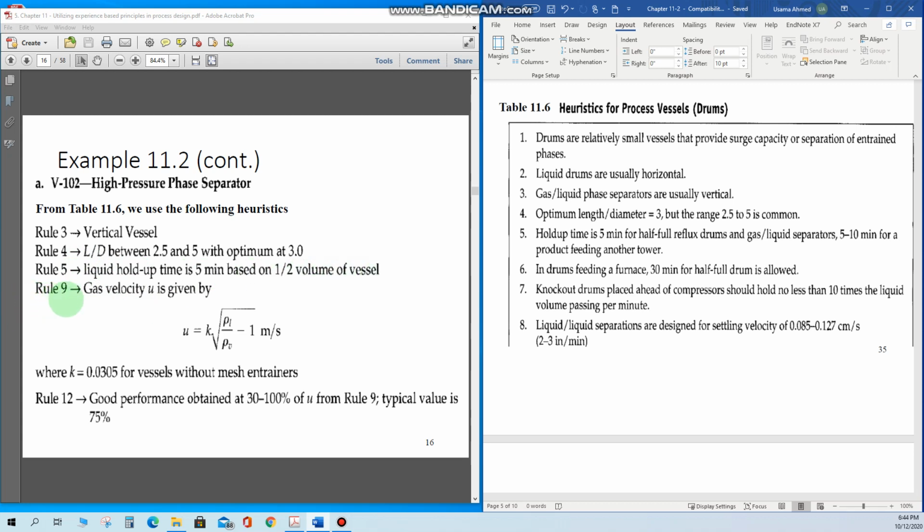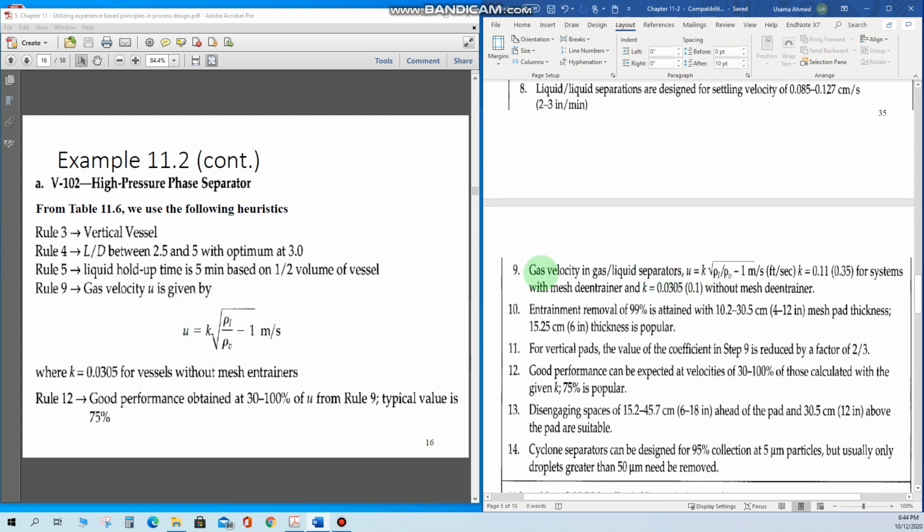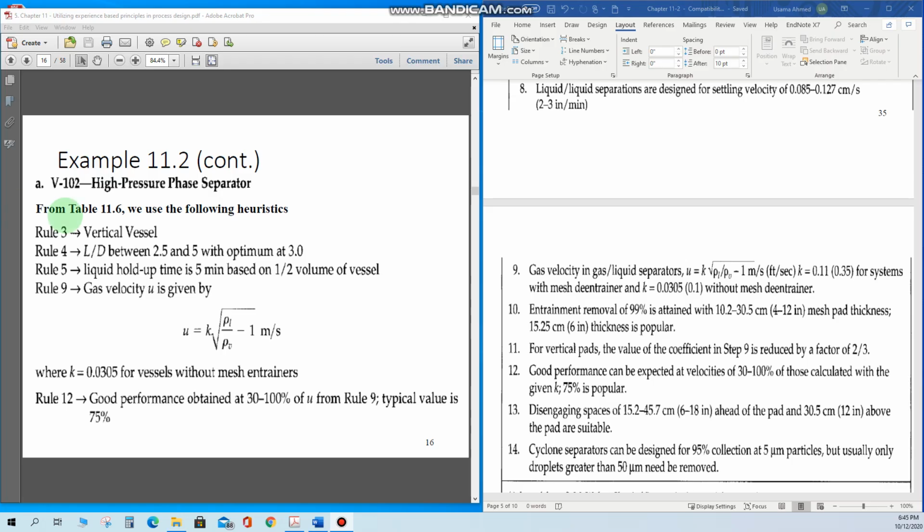Then rule number 9, it says gas velocity is given by this equation. So you can go down here, and you would find the heuristics for estimating the gas velocity in the gas liquid separator. The equation that we can use in this example is U equals K times the square root of (density of liquid divided by density of vapor minus 1), and the units are meter per second, or it can be feet per second.